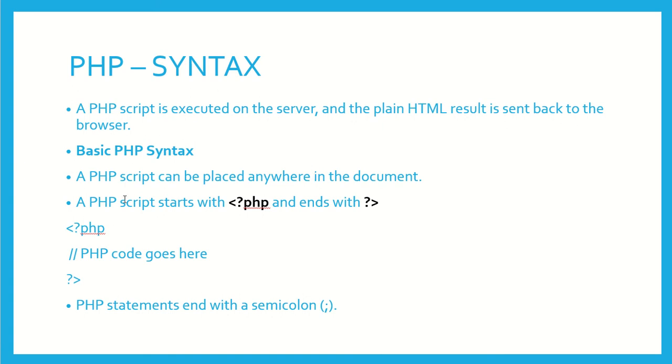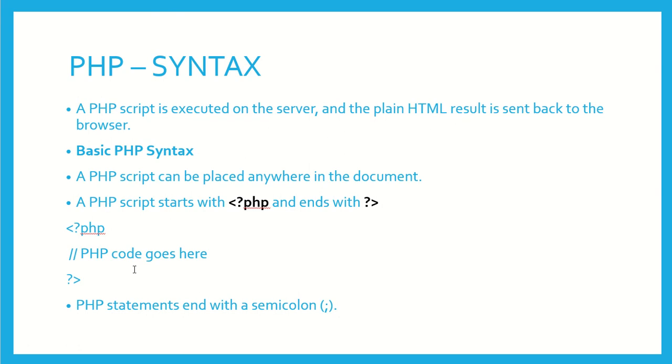Here you have to note that whether it be inline code or external code, every PHP code will have to start with these angle brackets. A PHP script starts with <?php and it should end with ?>. That is how PHP will be encoded.